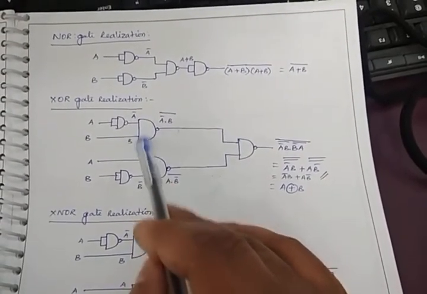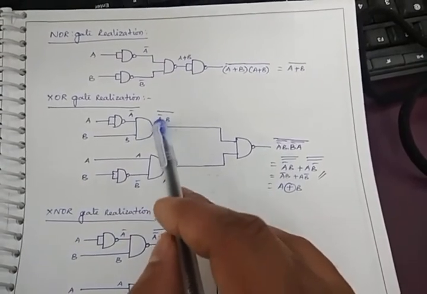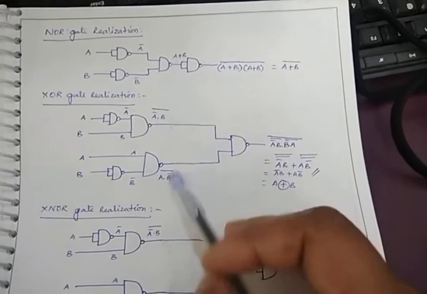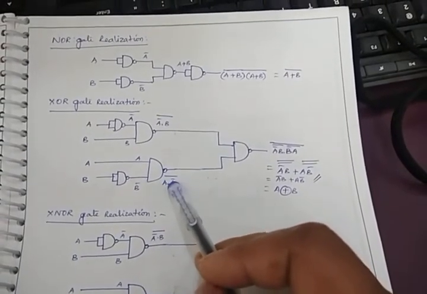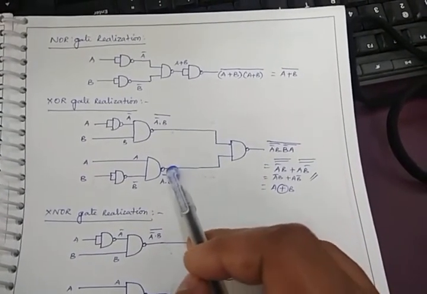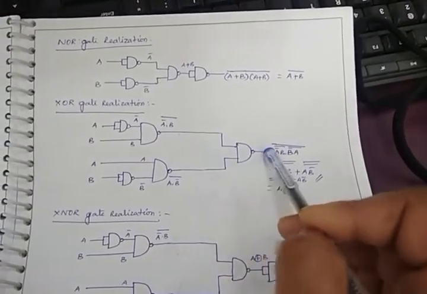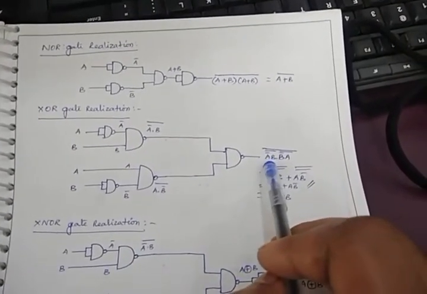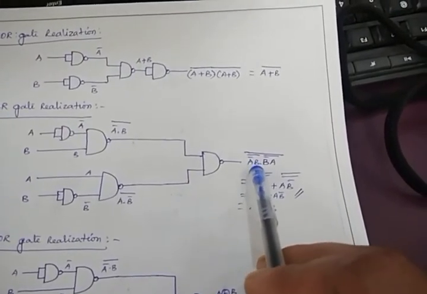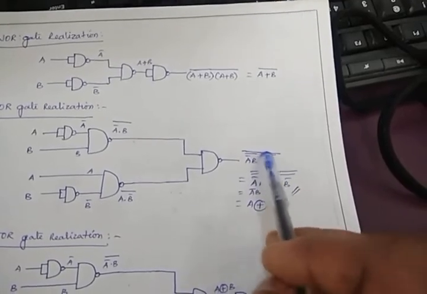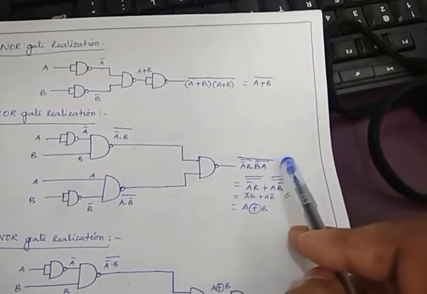So these inputs I apply to the NAND gates. I will be getting here A bar dot B whole bar. Here I am getting A dot B bar whole bar. These inputs I am giving to one more NAND gate. So I will be getting here A bar B whole bar dot B bar A whole bar, total bar.